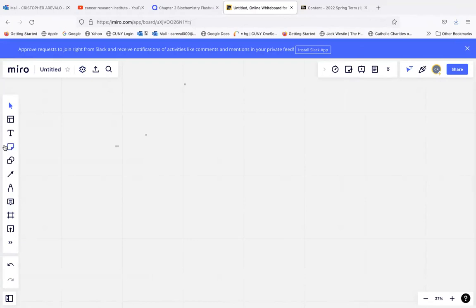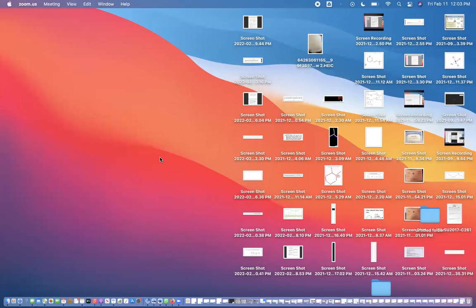So I guess we'll do it by hand. Why is it so small? Whiteboard.